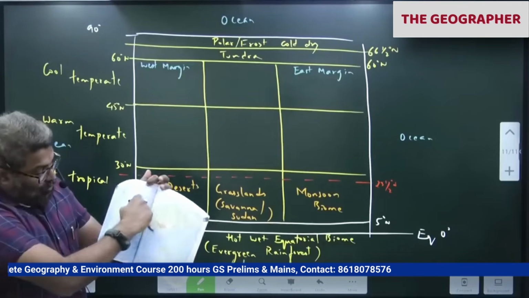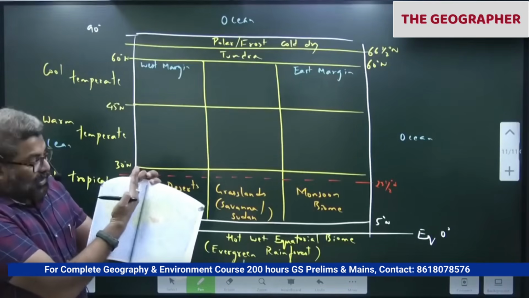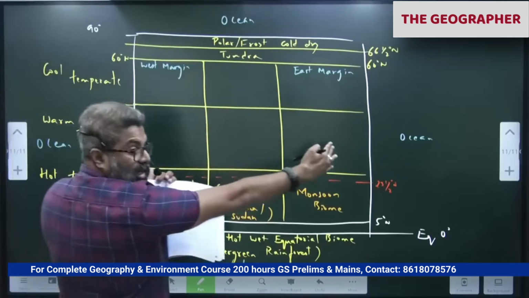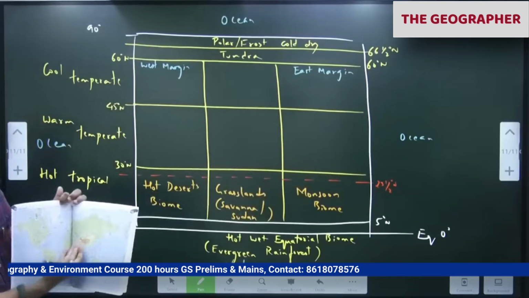Consider this as one box, starting from the prime meridian till the international date line, equator to poles.